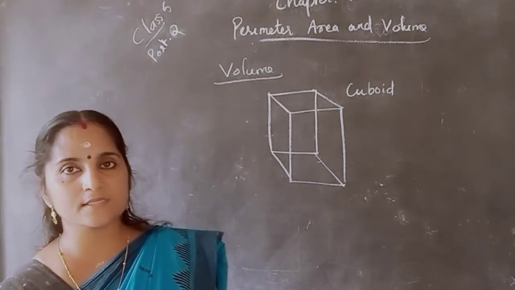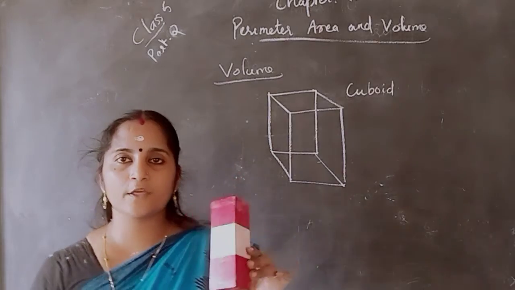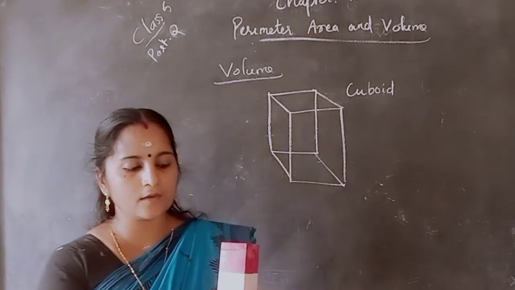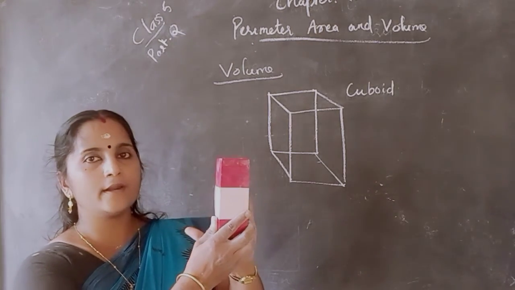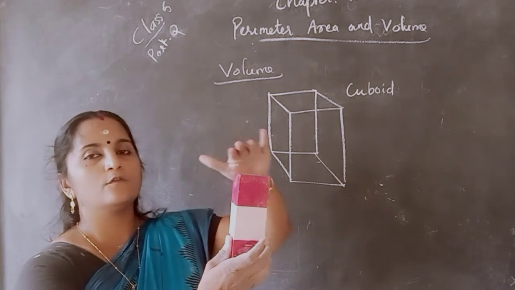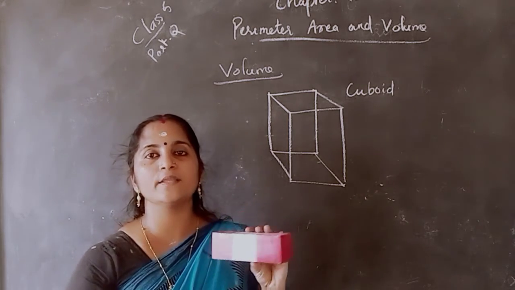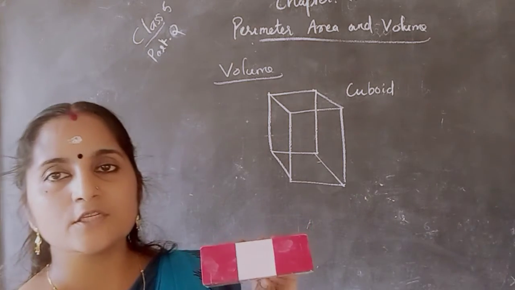And how many faces are there? 6 faces are there. This is the model of a cuboid, and here we have 6 faces, and all the faces are of rectangular shape.